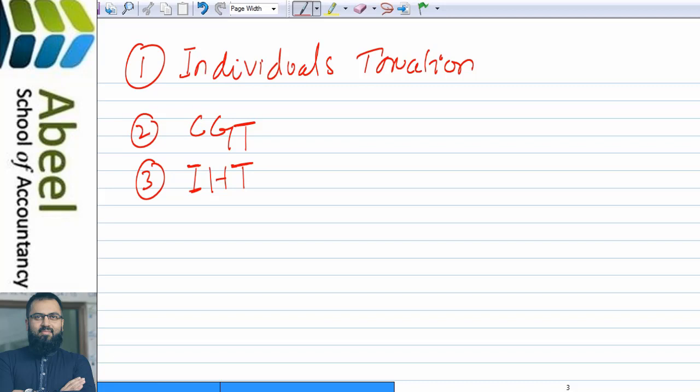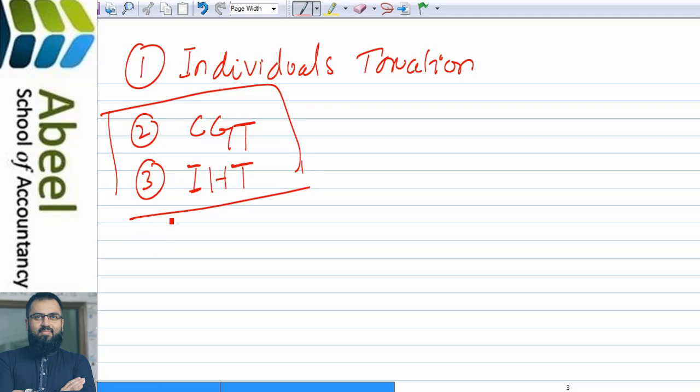And normally in P6, what happens? One question definitely comes on CGT and IHT together, because most of the students get confused between CGT and IHT. Therefore it has become one of the favorite areas of our examiner to set a question on CGT and IHT together.